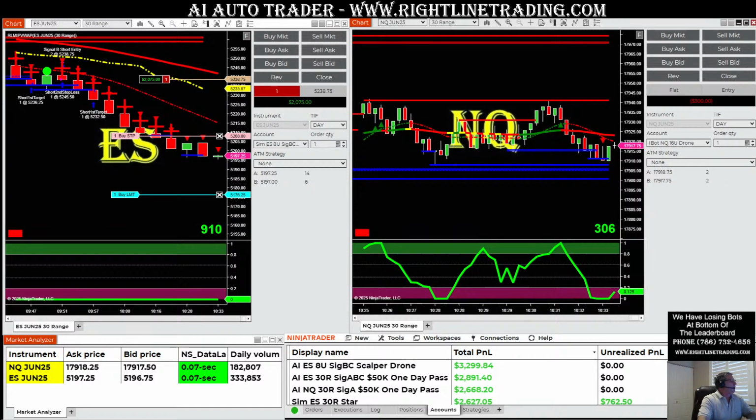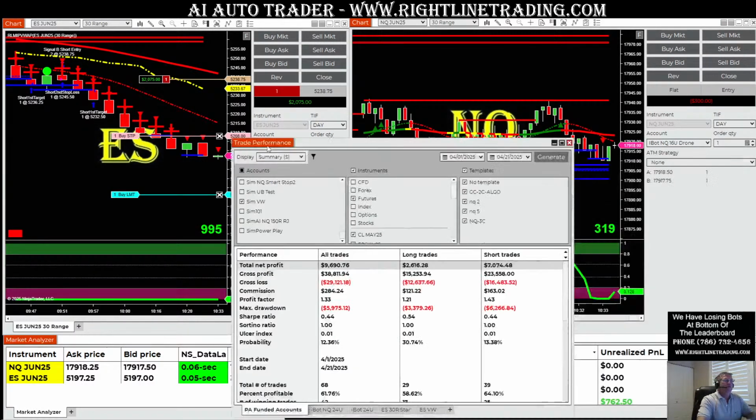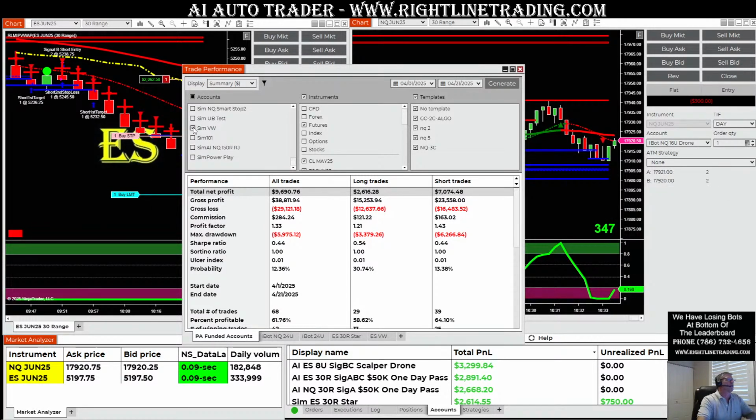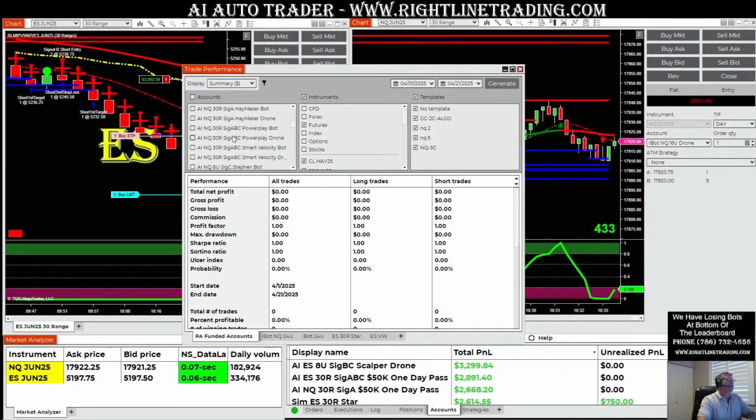The best time to enable the 8U Renko on the E-mini? Let's go back to the drone that I really had extensive data on. I'm going to enable all my 8Us that I have running.